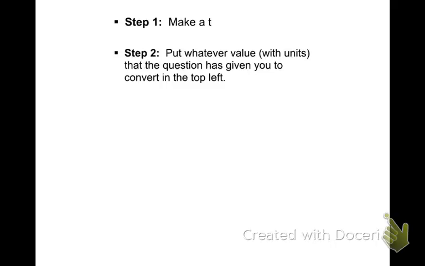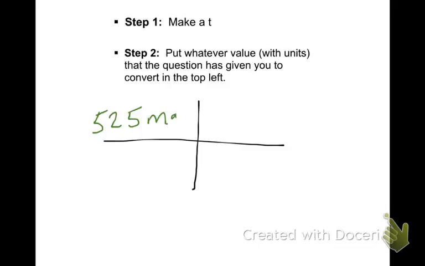So, step one, just like we have been doing, we're going to make our T-chart, and we're going to place whatever is in the question on top. So in our instance, it was 525 milligrams. So it's starting off just the same as for our single metric conversions video.